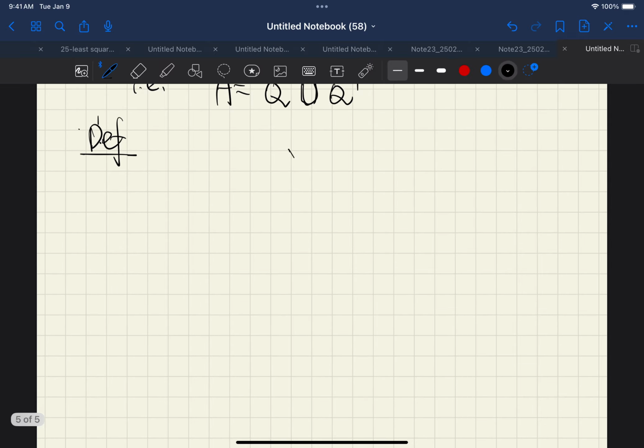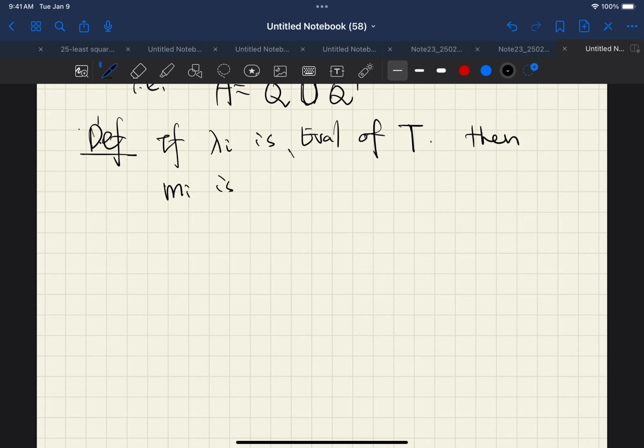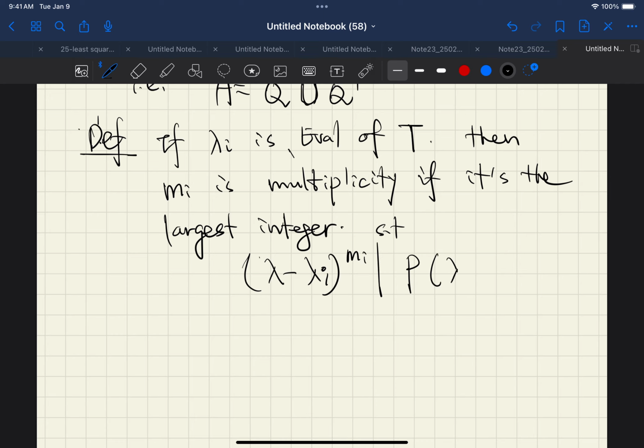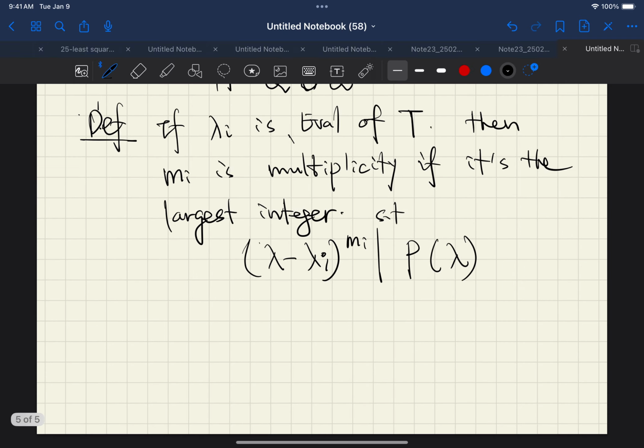To define that, suppose lambda i is an eigenvalue of T, then m_i is its multiplicity, the largest integer such that (lambda minus lambda i) to the power m_i divides its characteristic polynomial. So this is the definition.